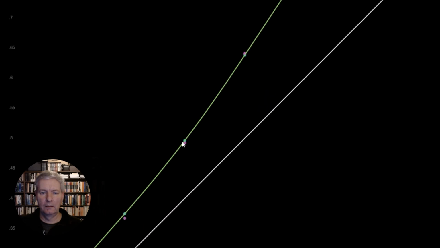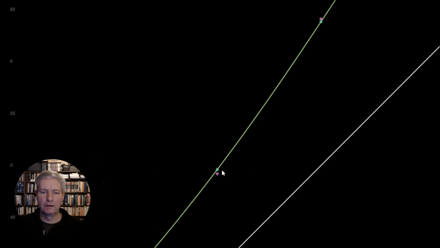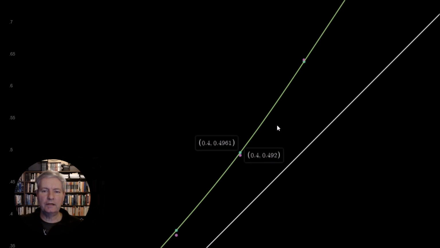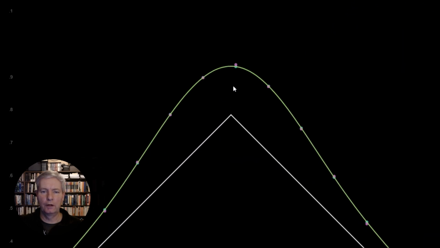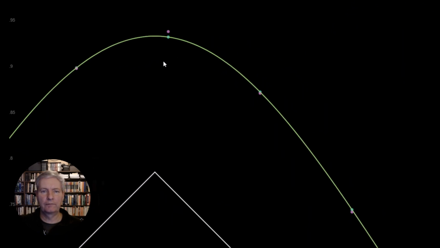And as you see here, the expected value here is 0.4961. In this instance here, the actual value we get from the simulation is 0.492. So you can see here that we do have a very good approximation to our triangular function.